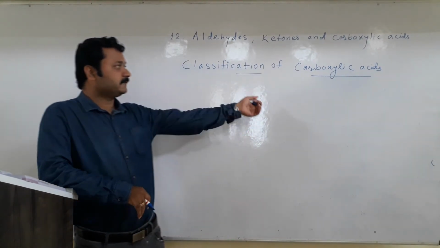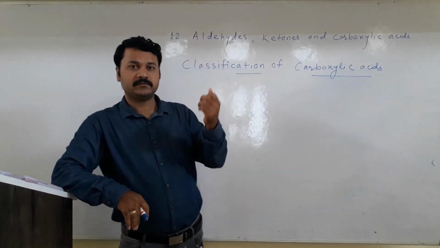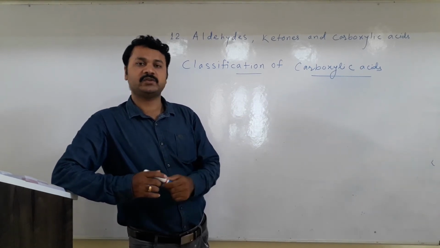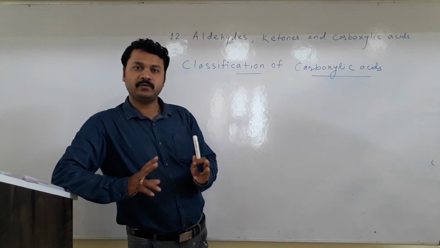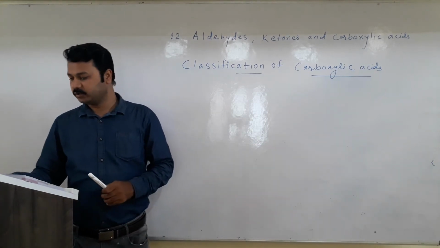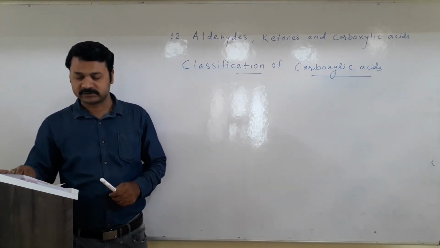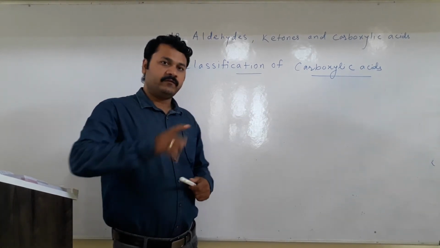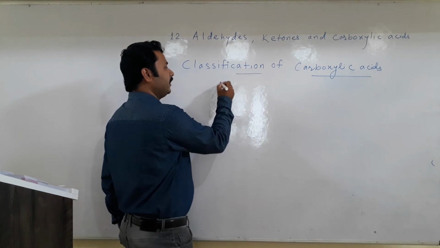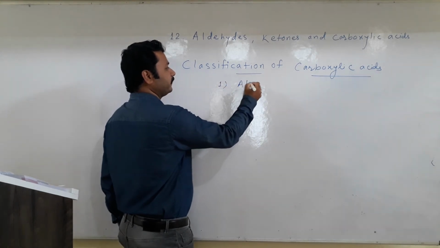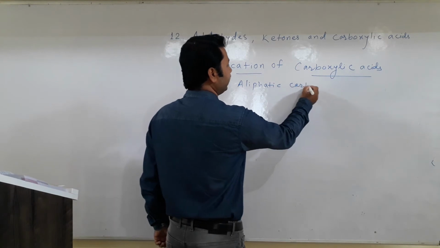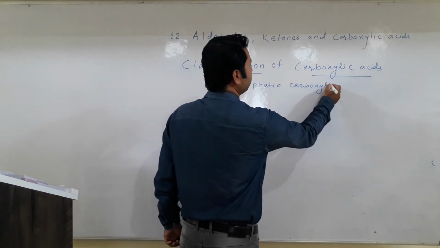So similarly, like aldehydes, ketones, carboxylic acids are also classified into two types. Mainly into two types, aliphatic carboxylic acids and aromatic carboxylic acids. First type is aliphatic carboxylic acids.